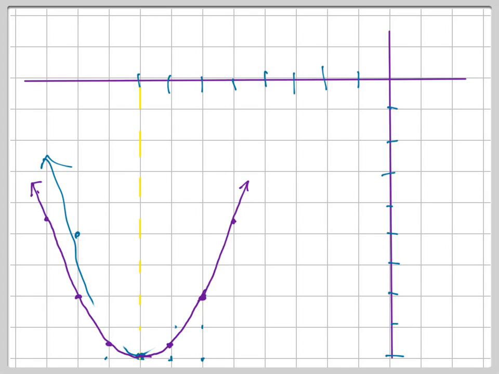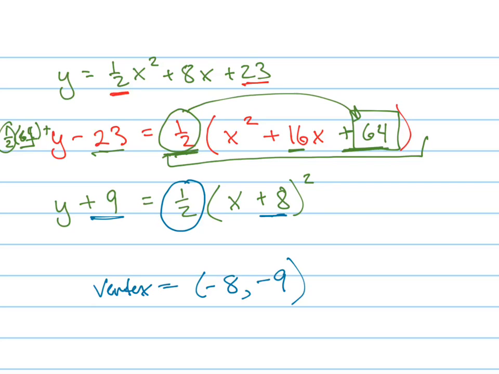So that's your graph, and you can test it if you want. You can test by plugging in a couple points to make sure that they're correct points. It's always wise to do. So this point right here, 1, 2, 3, 4, 5, 6, -6, -8. See if -6, -8 is on your graph. If I plug in -6, do I get -8 here?